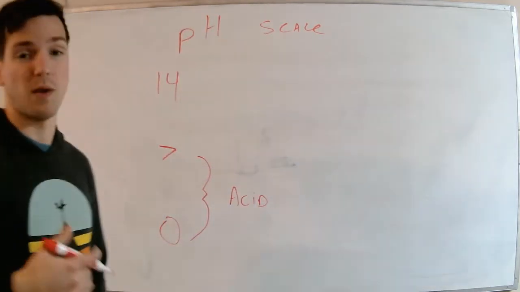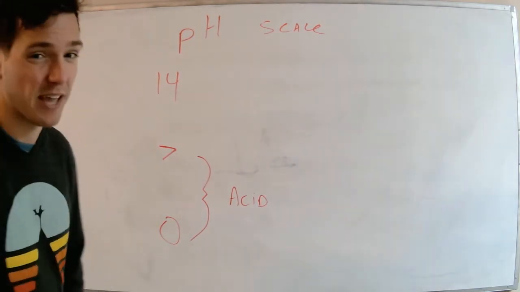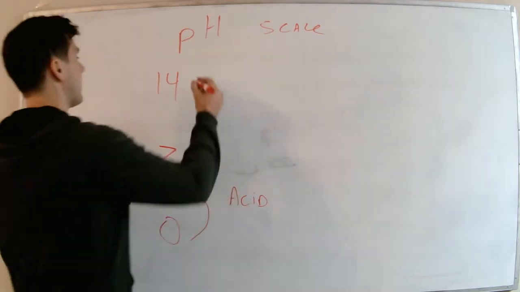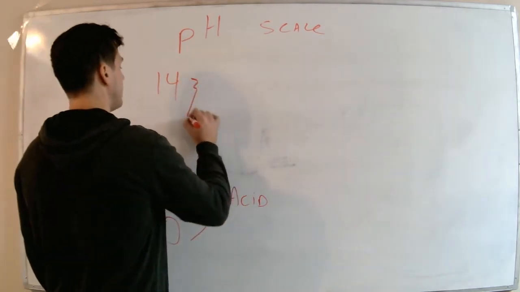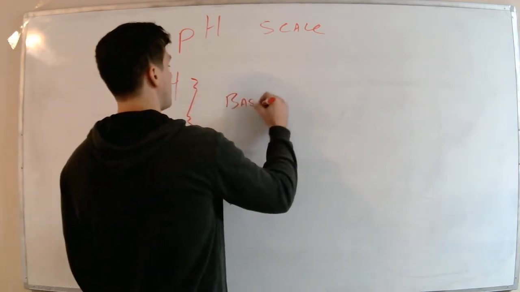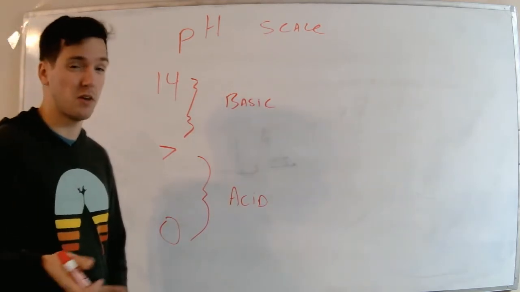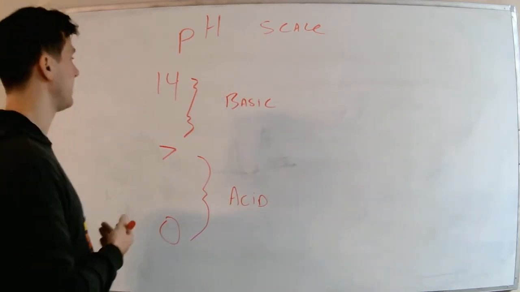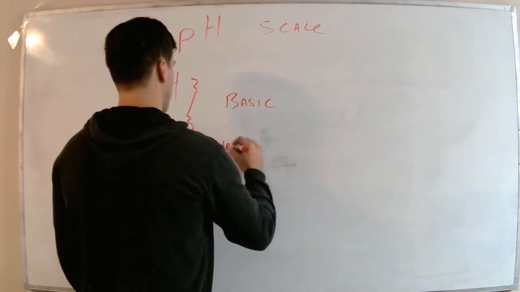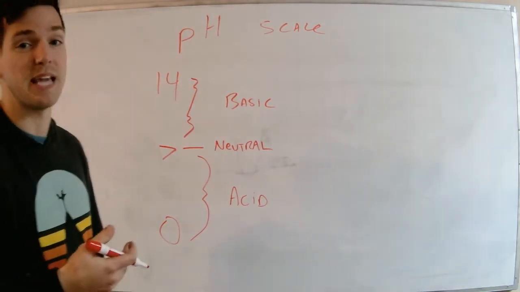These are things like battery acid, lemon juice, your stomach acid. Anything that is 14 to just above 7, as you can guess, is basic. So this is things like milk, bleach. And then of course, right at 7 is neutral. So that is the pH scale.